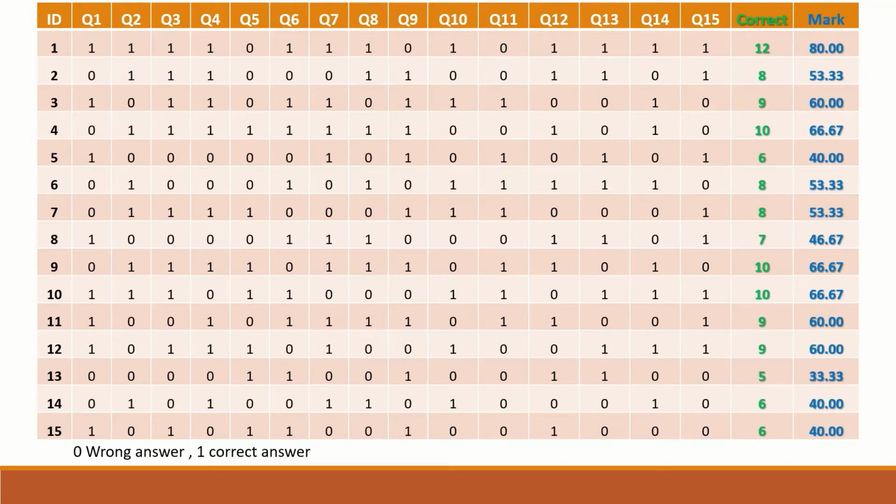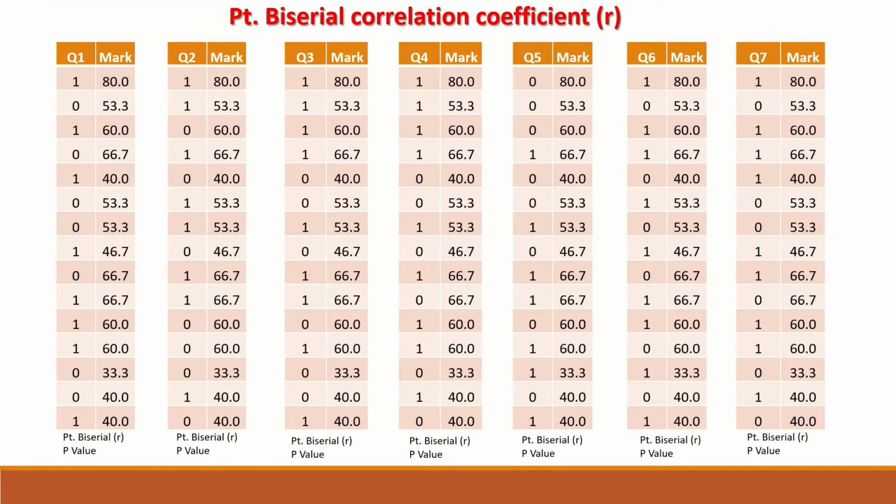labeled as mark. So in the point-biserial correlation, once the total mark is calculated, the test is performed, and the test will correlate the scores in each specific question with the total mark, as shown again in this slide.